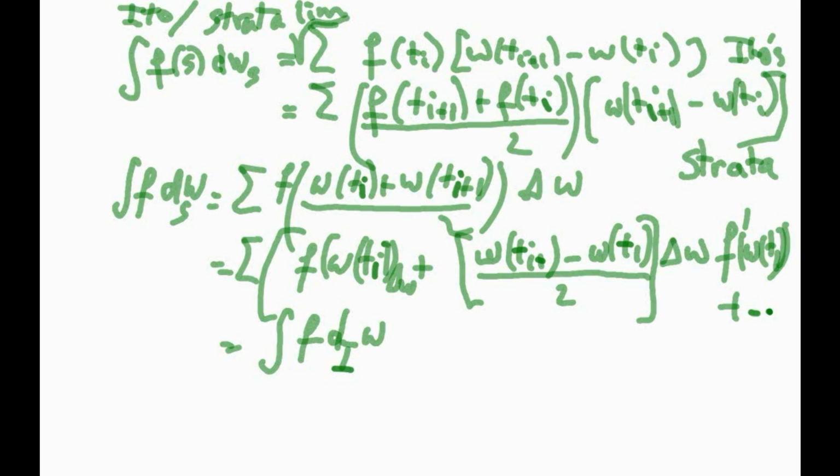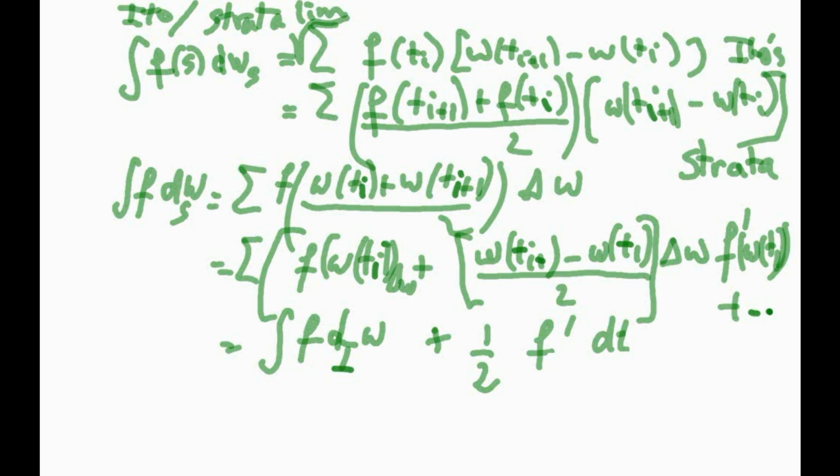And in the limit, you have to consider the limit of dω squared when Δt goes to 0, it converges to the Δt term, which is 1/2, because the expectation of dω squared is dt, and we can show that the limit converges to the expectation. It's 1/2 f prime dt.